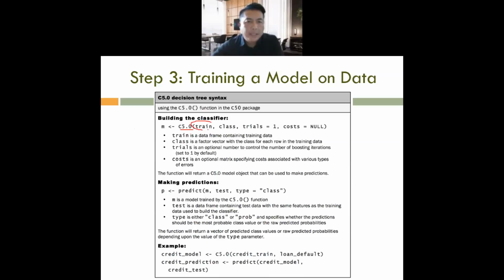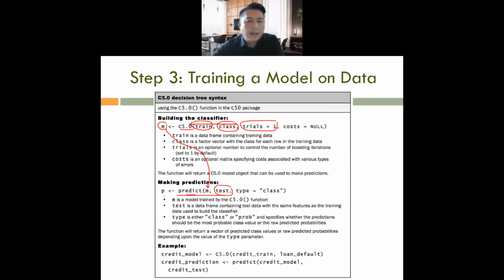We give it the training dataset and the class label, and we say we only construct one tree. Once we train the model, we will perform the prediction using the test dataset that we have.